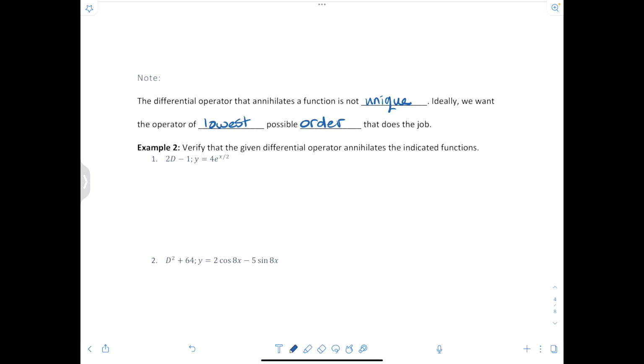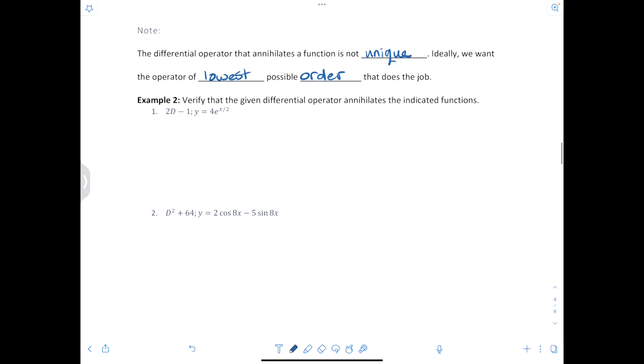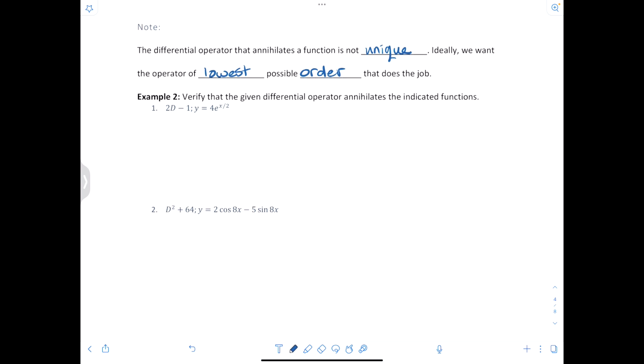All right, so this next example wants us to verify that the given differential operator annihilates the indicated functions. You don't have to verify it all the time, but it's saying show that 2D minus 1 annihilates y equals 4e to the x over 2. So we want to show that 2 times the first derivative D minus 1 annihilates 4e to the x over 2.